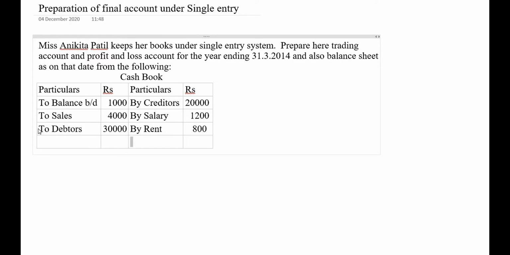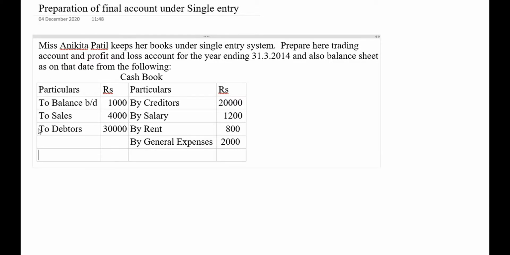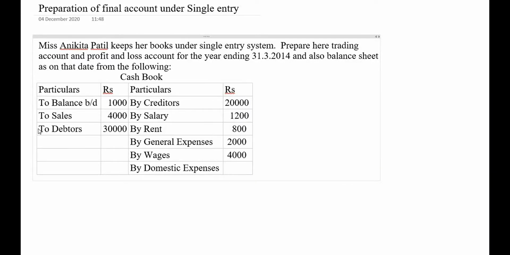Next, by general expenses, which are given as rupees 2,000, then by wages rupees 4,000, then by domestic expenses 5,000. Domestic expenses are nothing but drawings here.